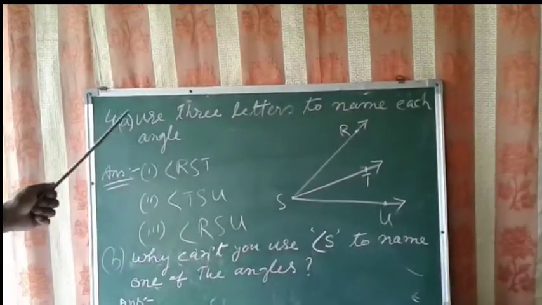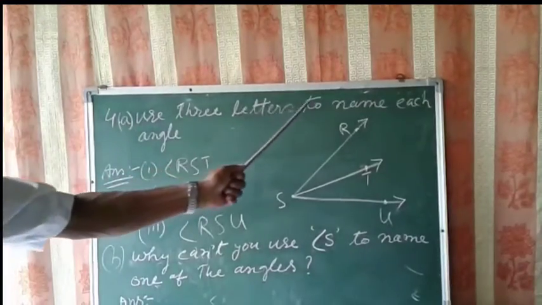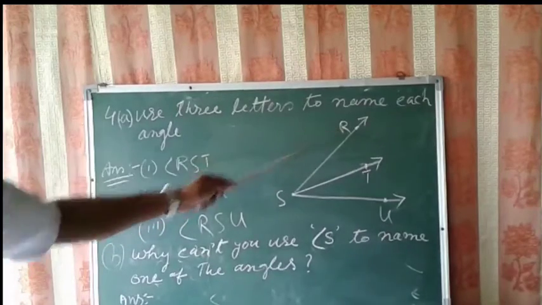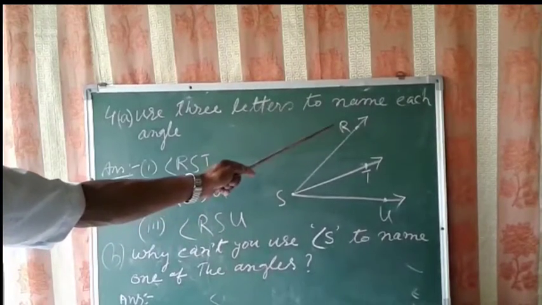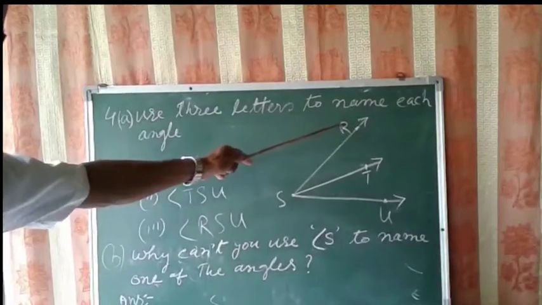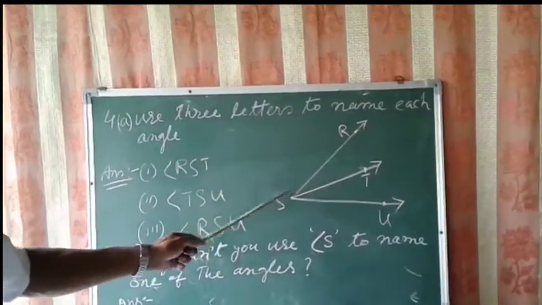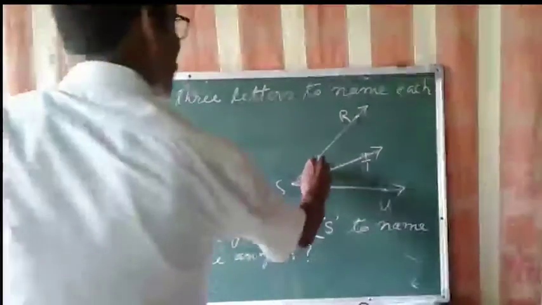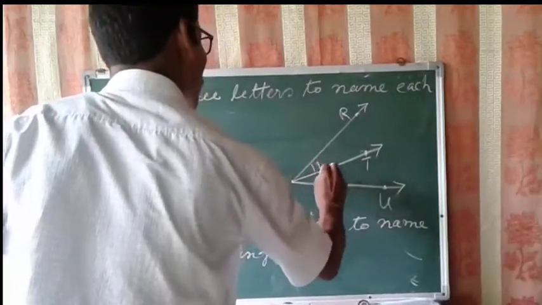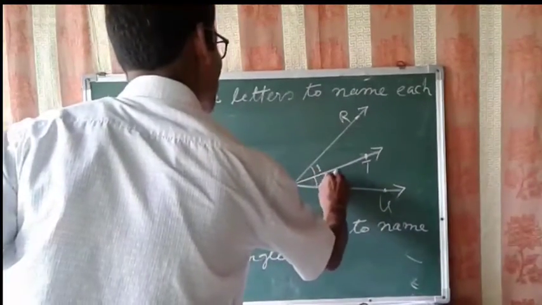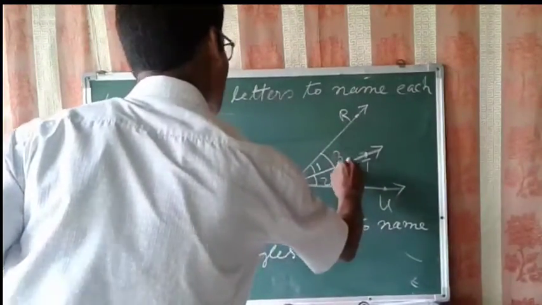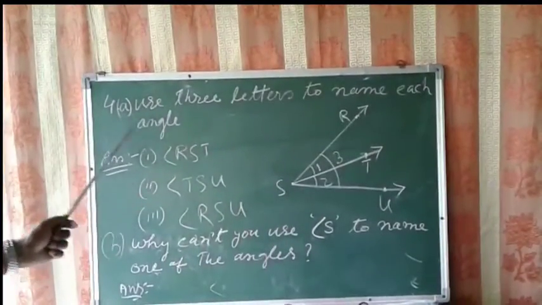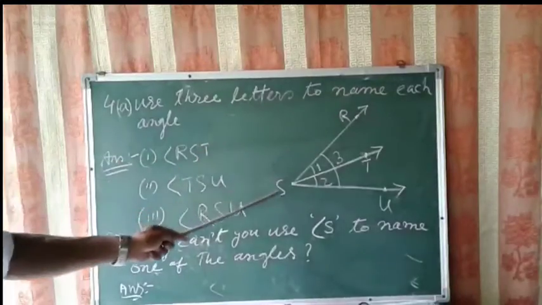Question number 4a. Use 3 letters to name each angle. Here is a figure. Here there are 3 angles, with vertex S. This angle 1, this angle 2, and this angle 3. The first angle name is angle RST.